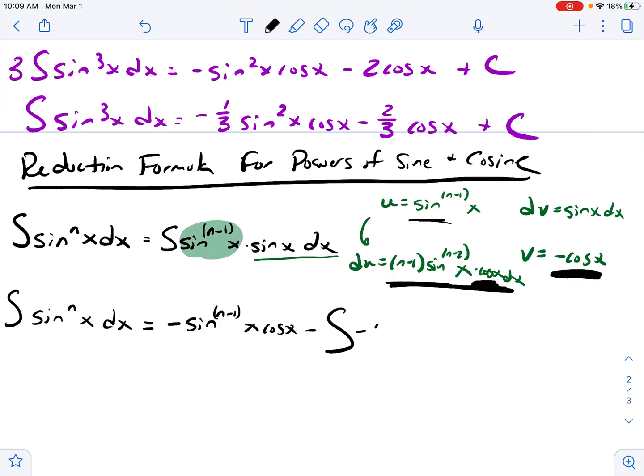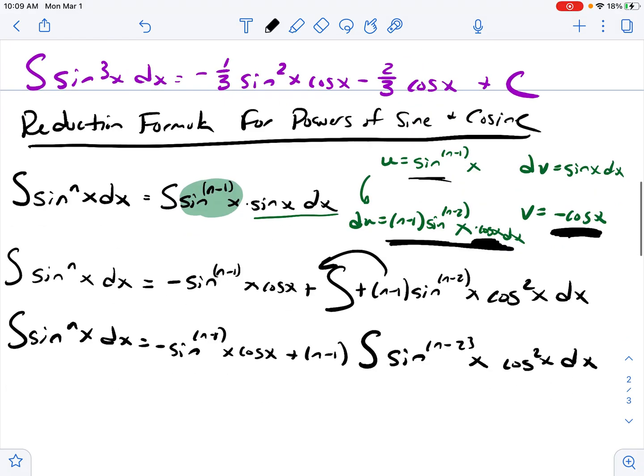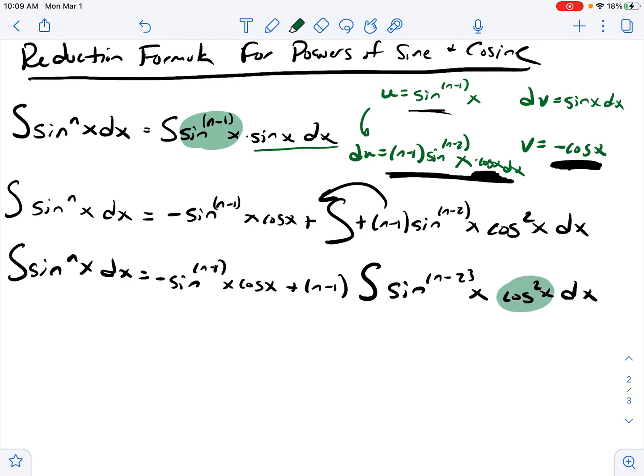All right, so I'm going to have negative n minus 1 sine to the n minus 2nd power of x cosine squared x dx. Cleaning this up, I'm going to bring that coefficient out front. So we have negative sine to the n minus 1st power of x cos x plus the coefficient n minus 1 integral sine n minus 2 power of x cosine squared x dx. At this point, we replace cos squared with its Pythagorean identity.